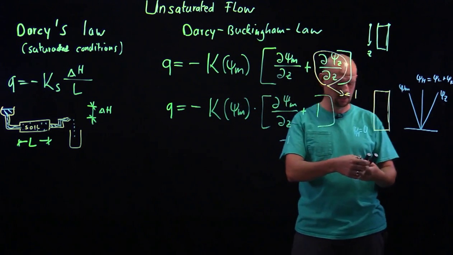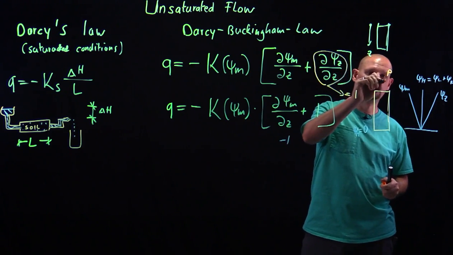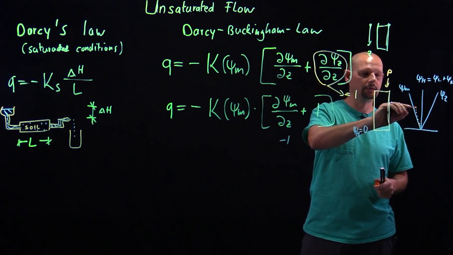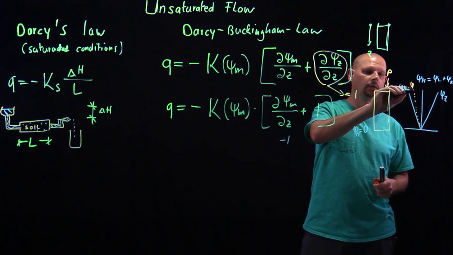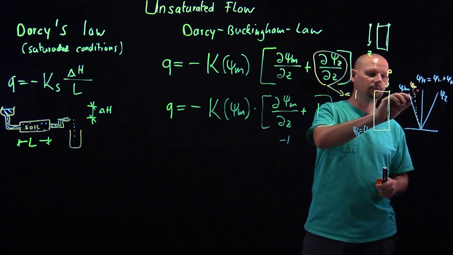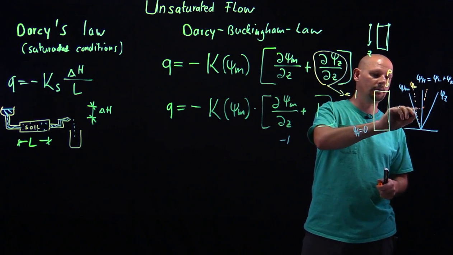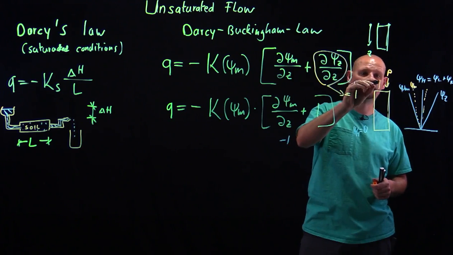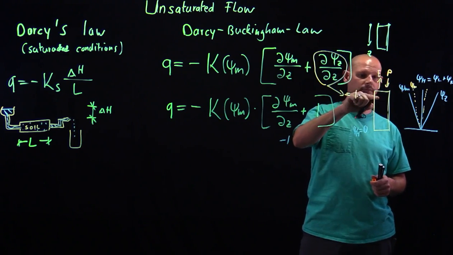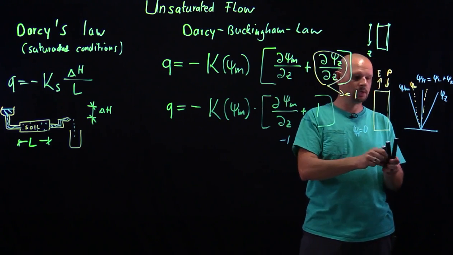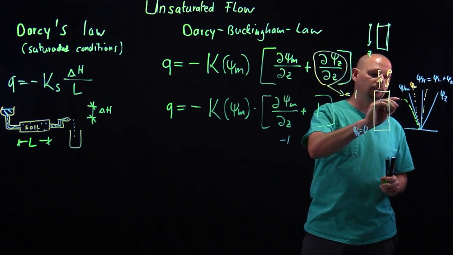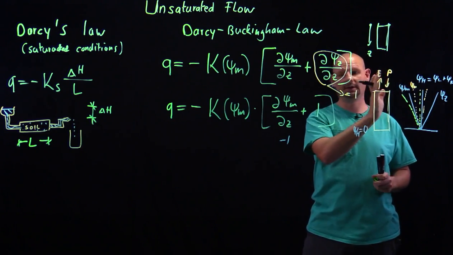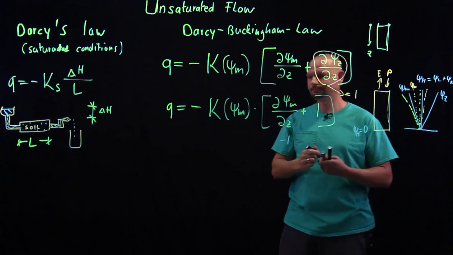So that could be that we have precipitation, which would add water to the soil column, and that would create a matric potential that is less negative, which means the overall hydraulic potential becomes positive, and then we would have flow. Or the other way around, you could have evaporation from the soil surface, and then the conditions would become drier, and the hydraulic potential would become negative, and then we actually have upward flow.